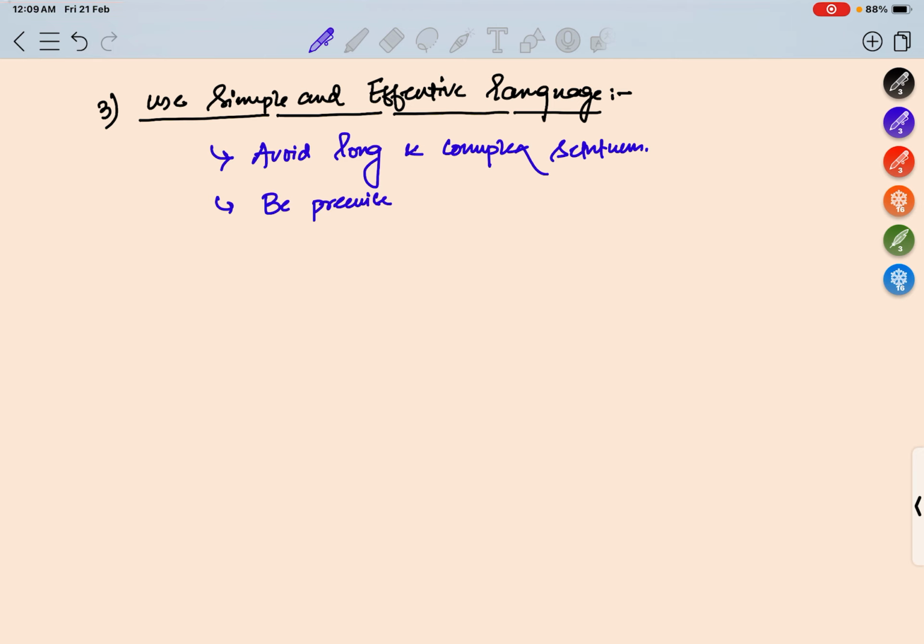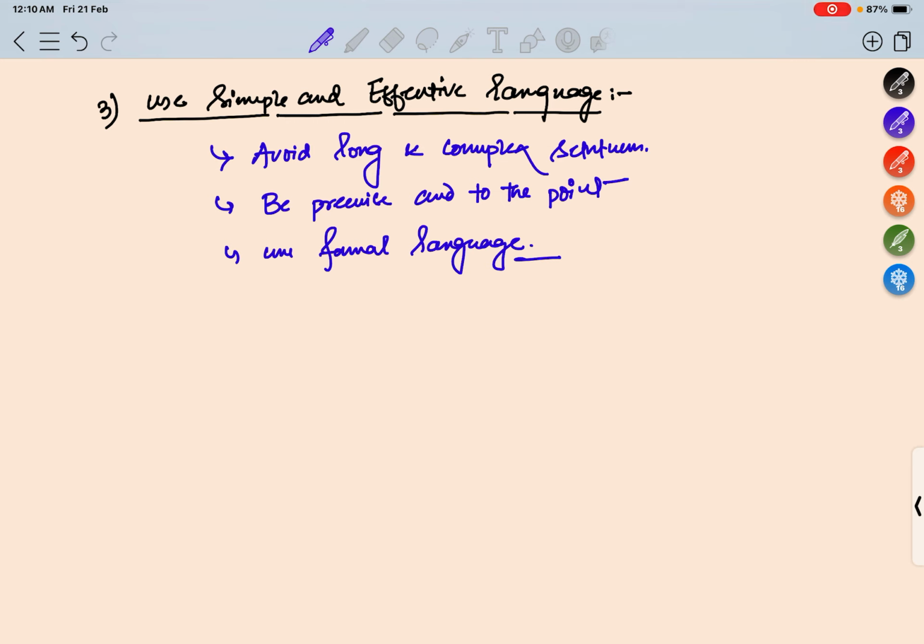You need not fill the page, 6 pages, 10 pages or anything. Here everything is limited, time is limited, word count is limited, so you have to be precise and to the point. Use formal language. So always use simple and effective language. This was the third point.